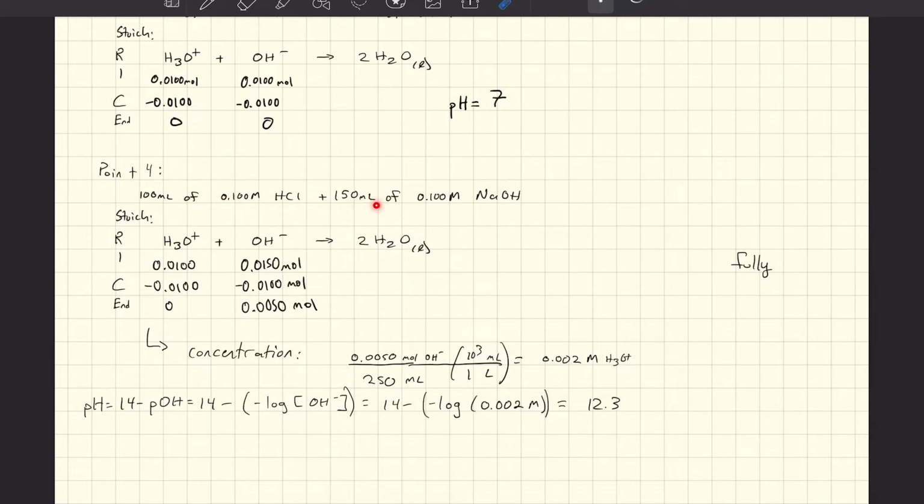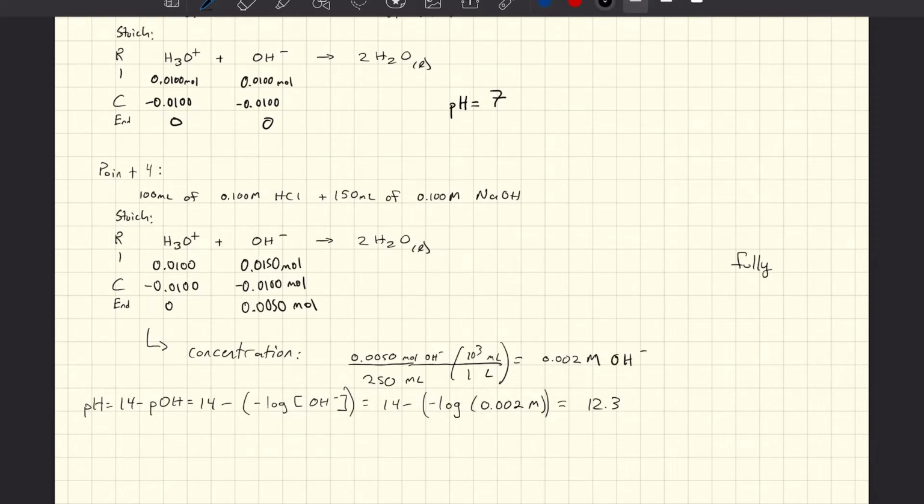So now we have more hydroxide. Now our hydronium ion is the limiting reactant. We use it all up, we find the amount of hydroxide ion that's left, and we get a final concentration of hydroxide. I know this says H3O+, but that should be OH-.